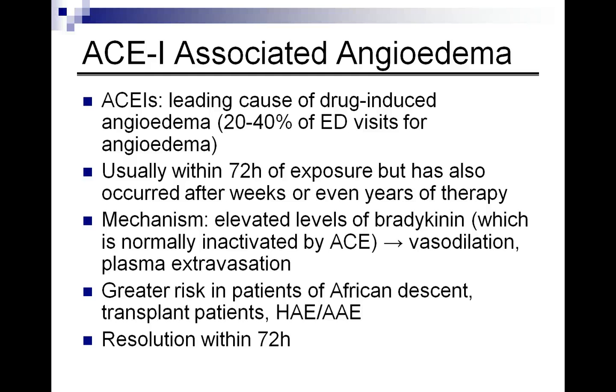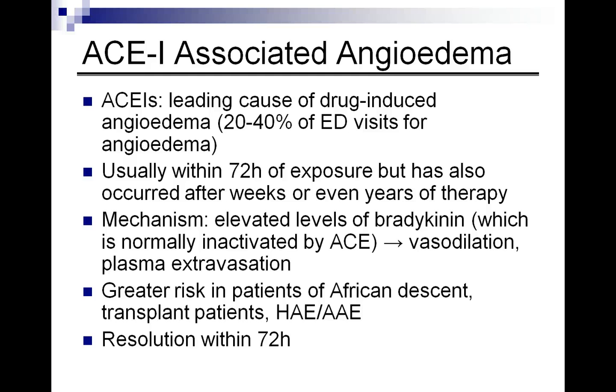The mechanism seems to be due to bradykinin, and these patients have elevated levels of bradykinin. Remember that bradykinin is normally inactivated by ACE, by angiotensin-converting enzyme. And so these ACE inhibitors may cause elevated levels of bradykinin, leading ultimately to vasodilation, plasma extravasation, and the phenomenon we see as swelling due to angioedema.